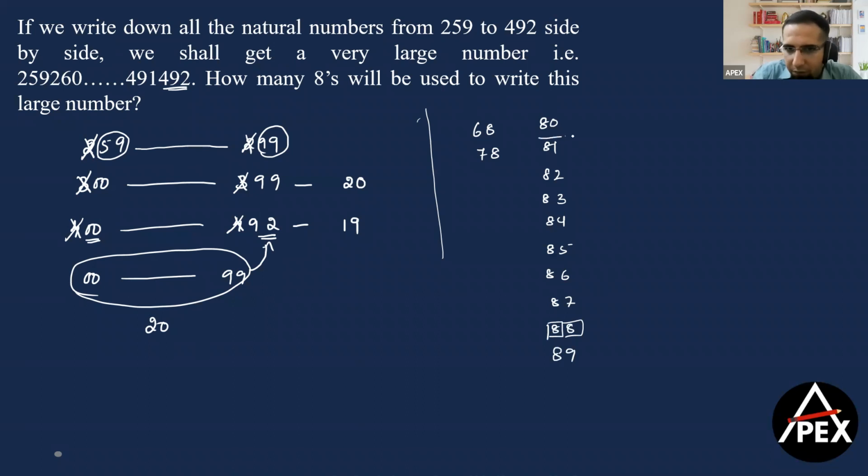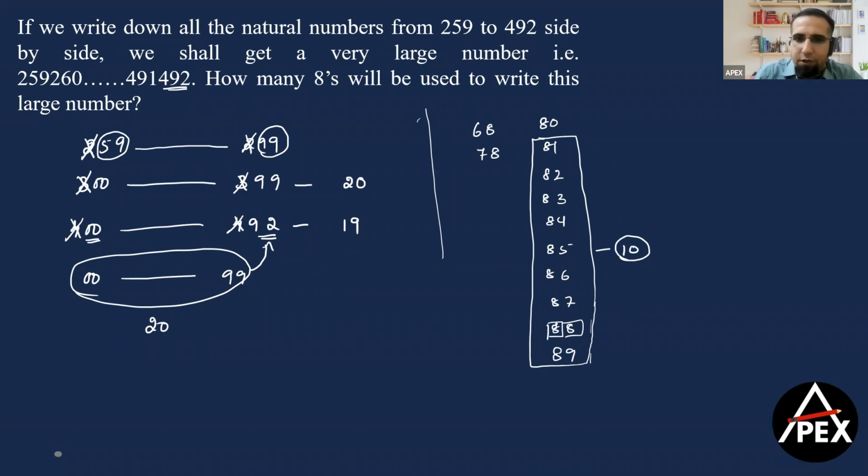So from 81 to 89, how many times is 8 written? The number of times I write 8 is 10 times. You can learn this by heart. After 89, you have 8 in 98. So this is 10, 11, 12, 13, and 14. That means I write 14 8s. Right?